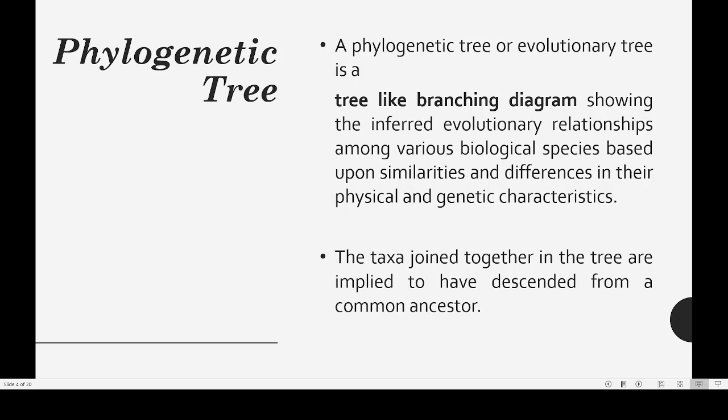For example, you take lion, you take leopard, you take tiger. All these organisms are closely related. If you look at their physical structure and examine their DNA, we can see that there is so much similarity between these organisms. That is why we are keeping them in the cat family. So by simply looking at this, we will get an idea about the similarities and differences based on the physical and genetic characteristics.